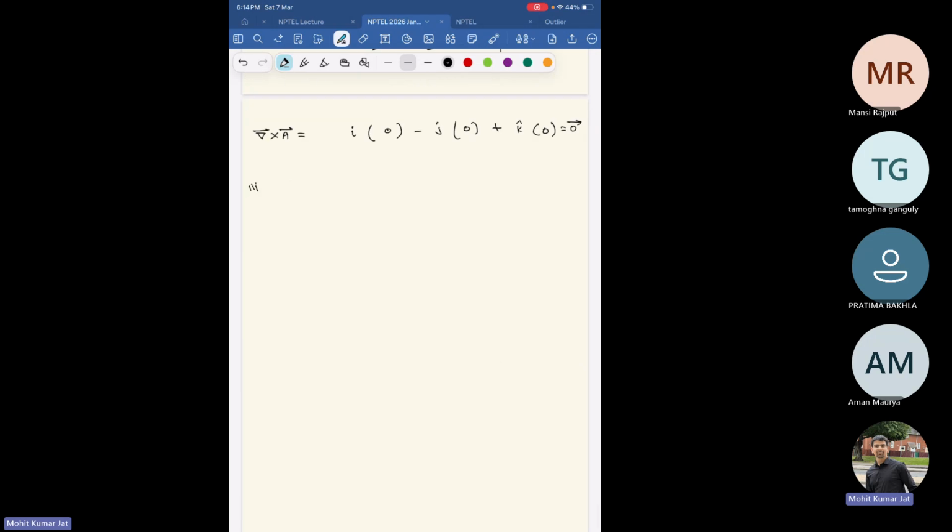Now let's analyze option number 3, which is A equals 1 by 2 (minus by x cap plus bx y cap). If we take curl of A, it will be nothing but i, j, k; del by del x, del by del y, del by del z; minus by by 2, bx by 2, and 0.